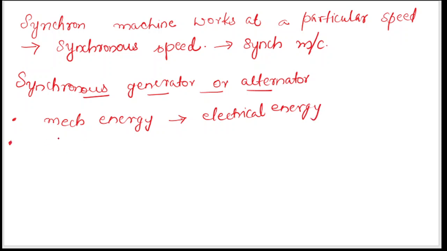And the synchronous generator is a doubly excited generator. What is a doubly excited generator? It is a machine in which the rotor and stator both are connected to separate supply.